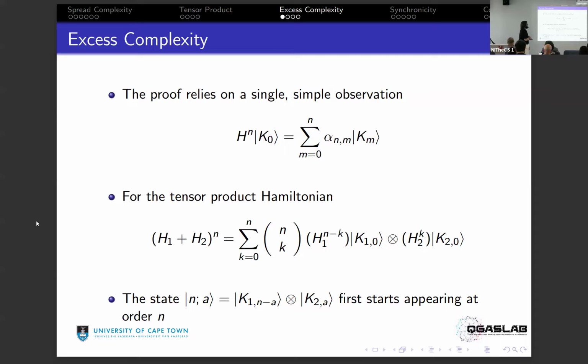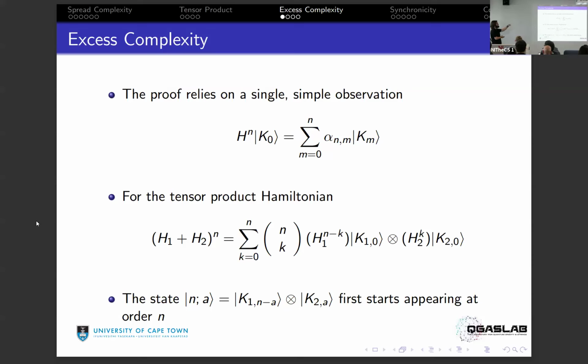And what you notice is that the sum of the two indices, I should mention that H1 to the n minus k is going to generate some superposition of the K1 Krylov basis vectors up to n minus k, and H2 to the k is going to generate Krylov basis vectors up to K2 equal to k. What is that if you recombine everything into the sum of the indices of K1 and K2, then the state here with the sum of the indices being N, and then the relative differences being anything, this only starts appearing at the N. So, everything that I could generate with N combined applications of H1 and H2, that will only start appearing.